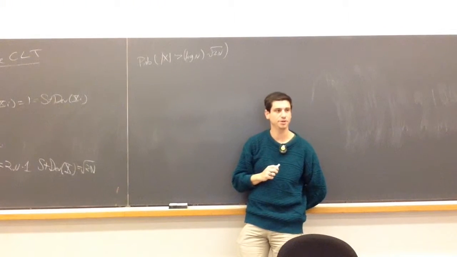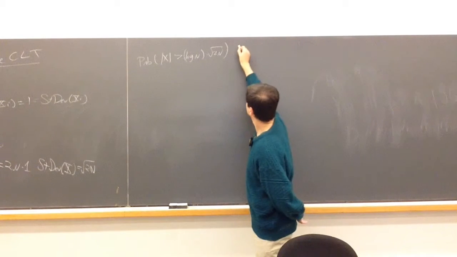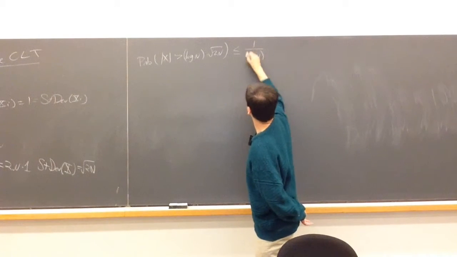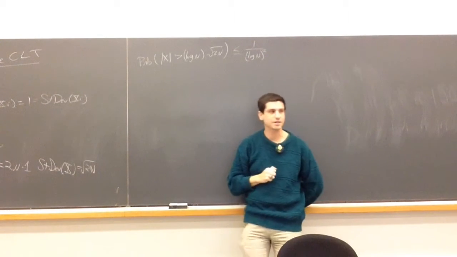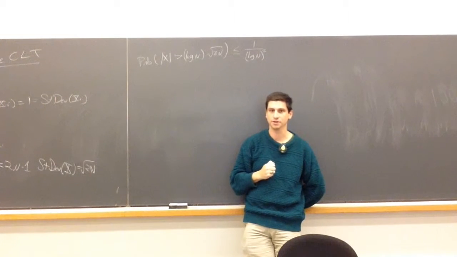So according to Chebyshev, what would that probability be? Less than or equal to 1 over log n squared. Good. So if n is huge, it's effectively 0 chance of being more than log n standard deviations away.